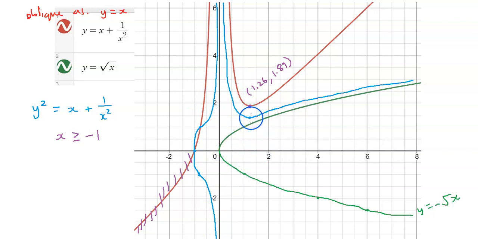And then, this was 1.37, so we're going to go through negative 1.37. So there's negative 1, so that should be about there. And then just reflect it. So this is going to be a local maximum this time. This point. There you go. As it goes on, we should get closer and closer to the negative square root of x graph.